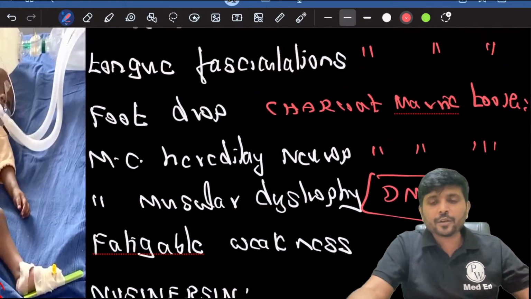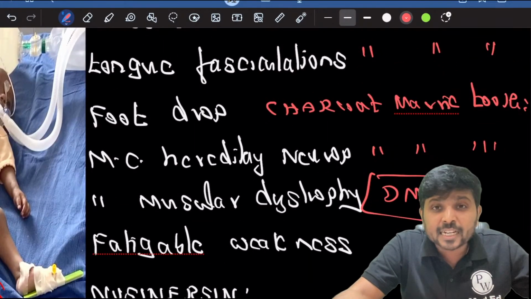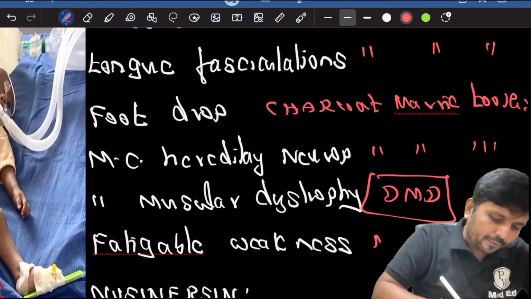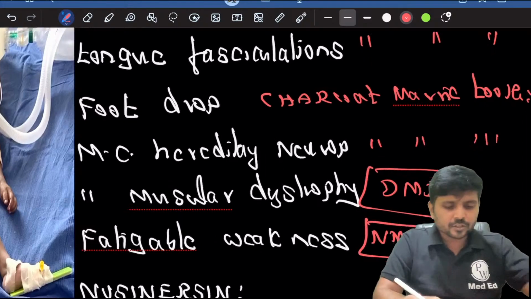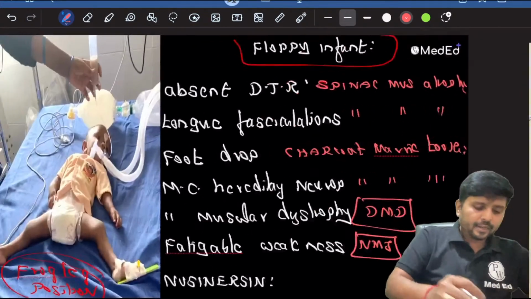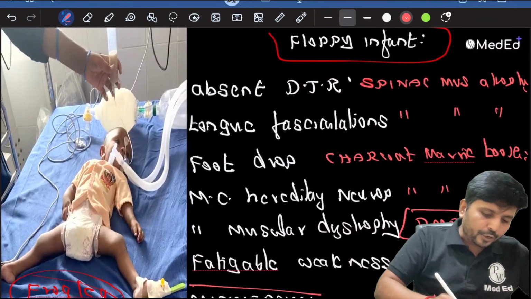Fatigable weakness. What do you mean by fatigable weakness? When I speak like this, it is called fatigable weakness, suggestive of neuromuscular junction disorders. Diagnosis: myasthenia gravis.